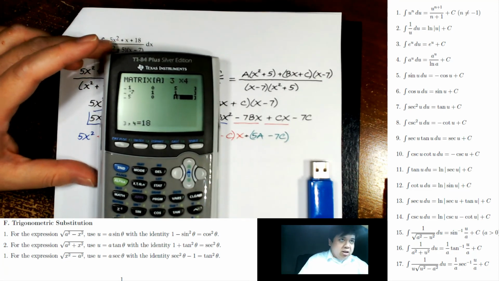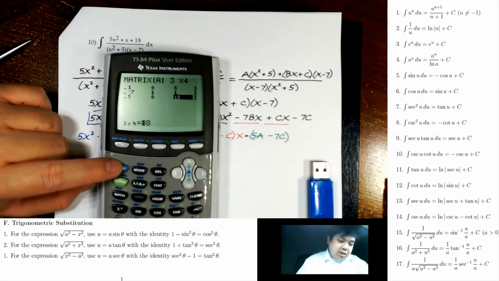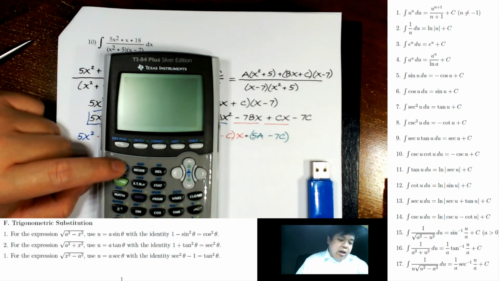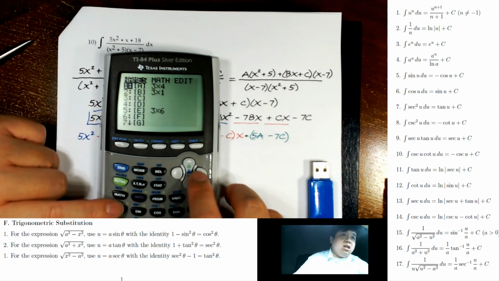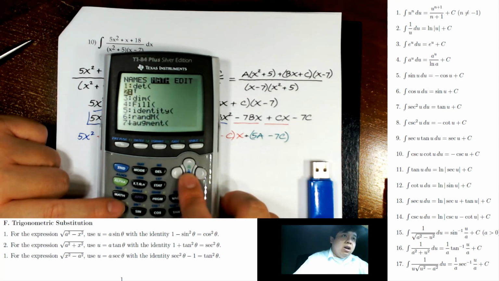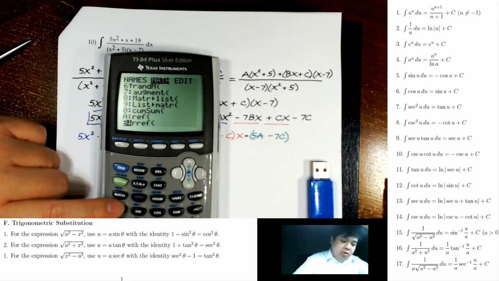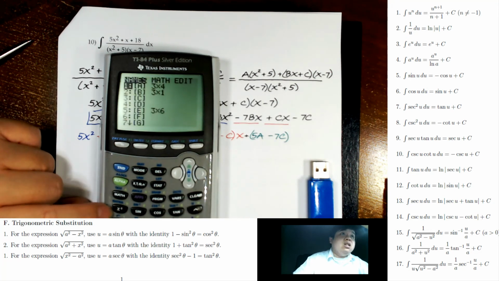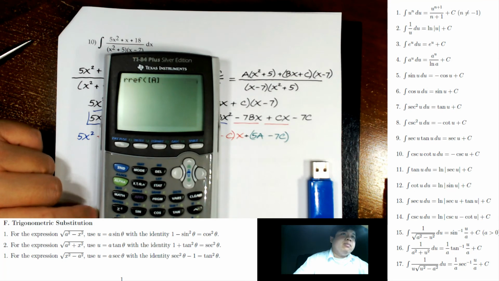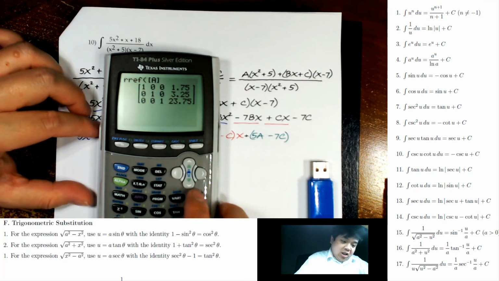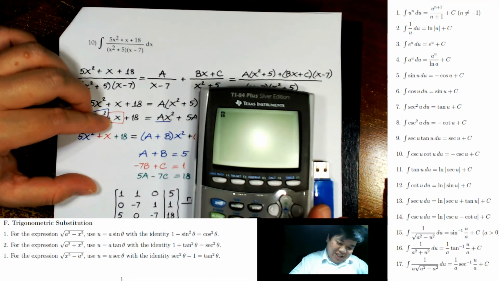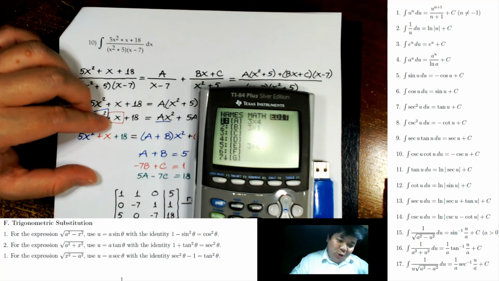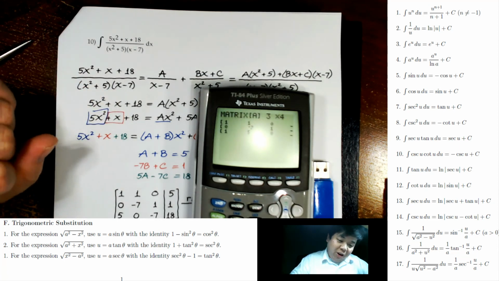Then go to the matrix menu again, but this time go to math, option reduced row echelon form, and we apply that to the matrix A. I think I entered something wrong. Let's check again. I did this before to make sure the numbers are correct.